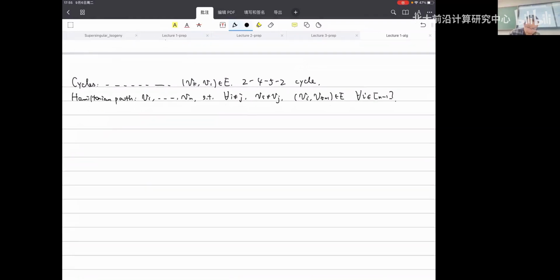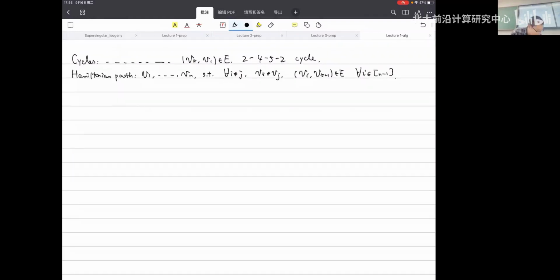Okay, the last definition that I'm going to give today is trees. A tree is an undirected graph which is connected and does not contain a cycle.